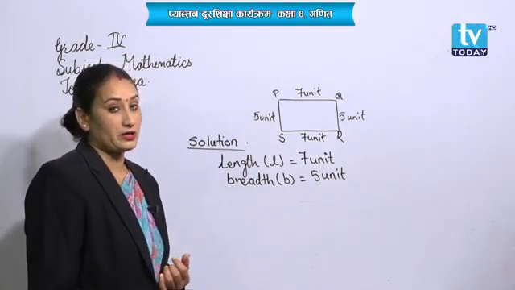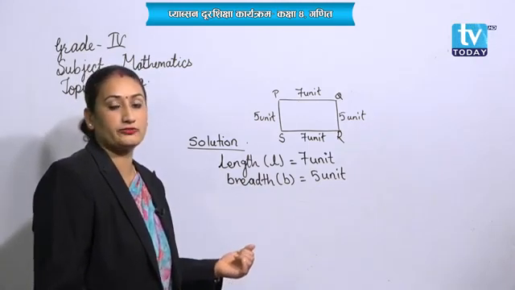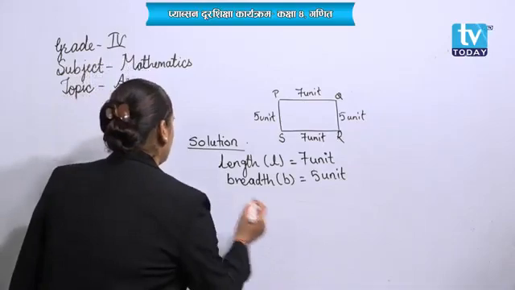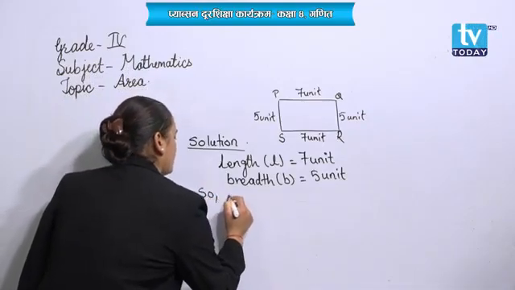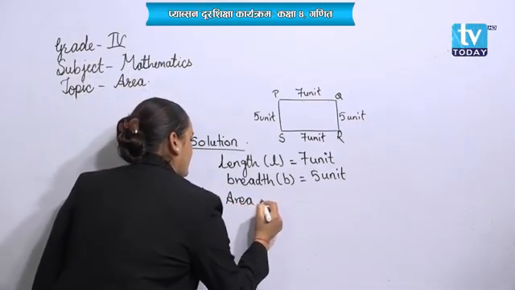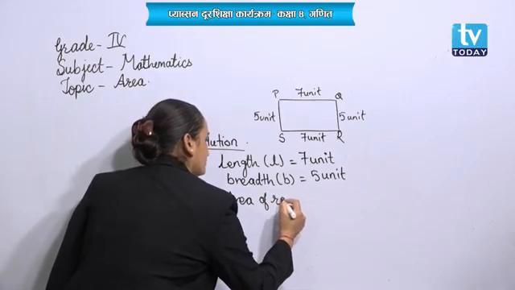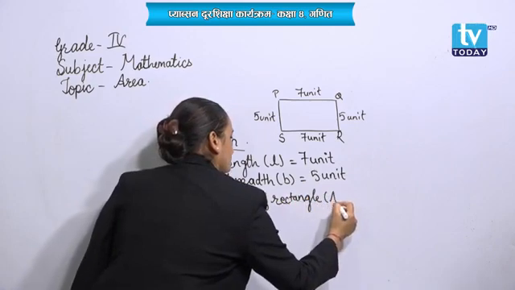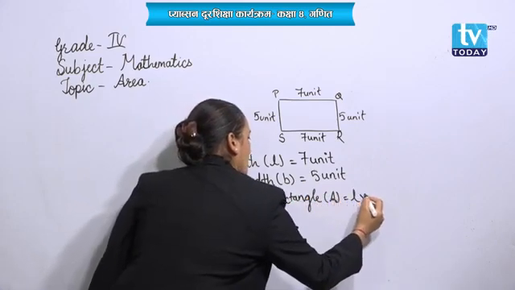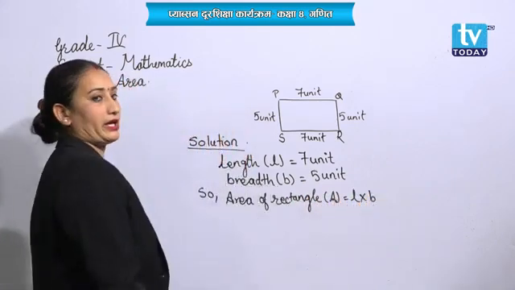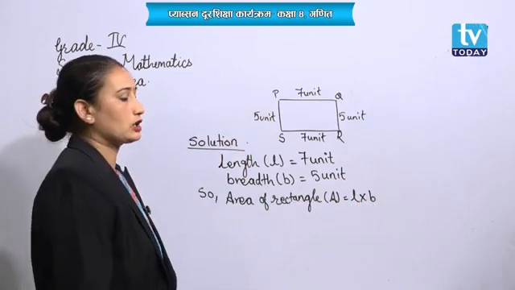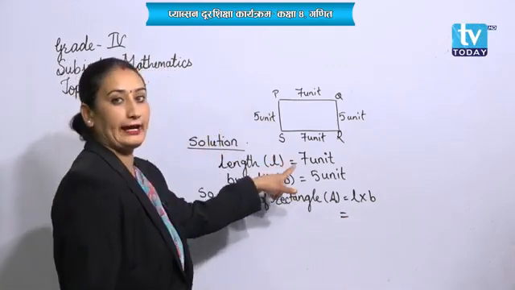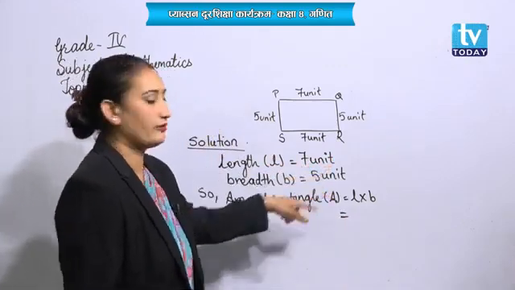Now, by using a formula, we are going to find the solution. It's the second method. So, area of rectangle A equals L into B. Done? Good. So now, please write down L, which is 7 units, right?